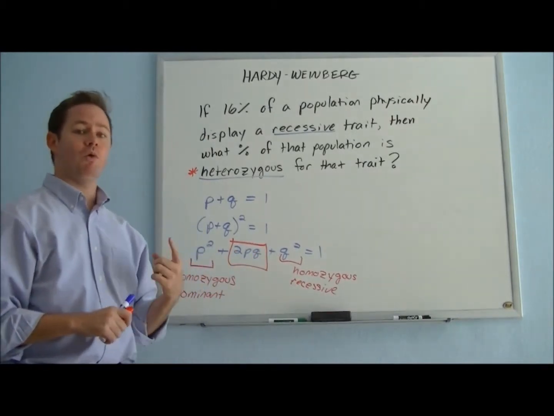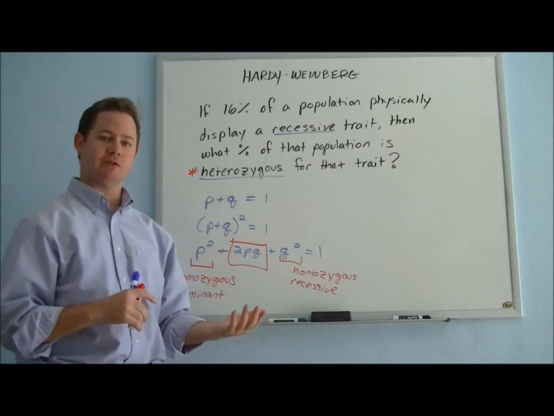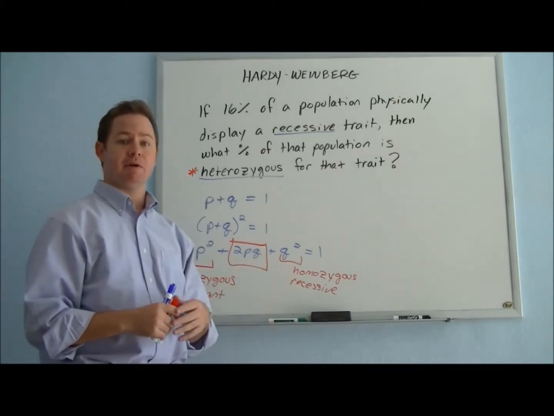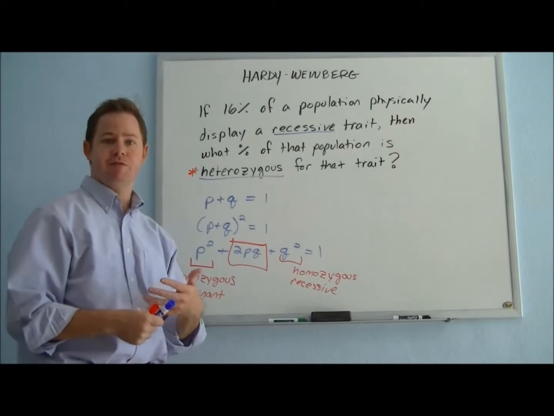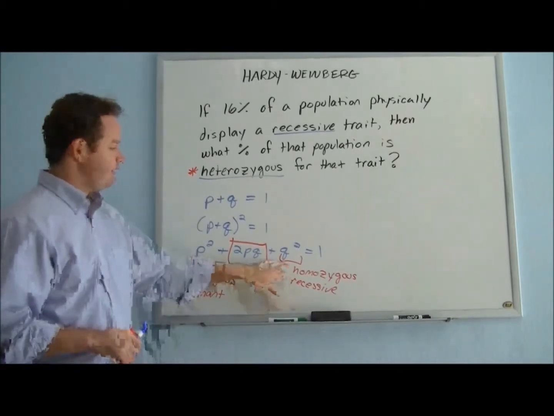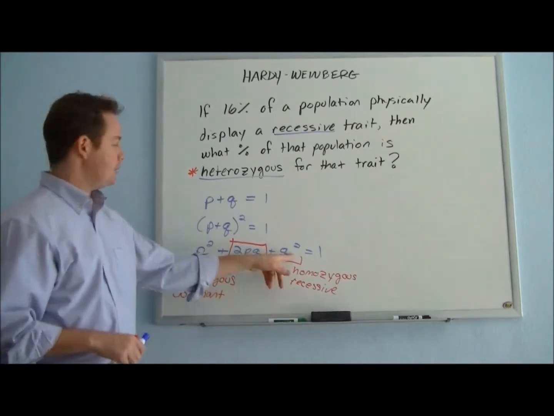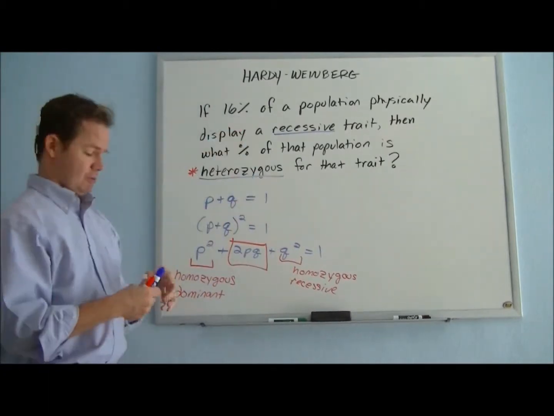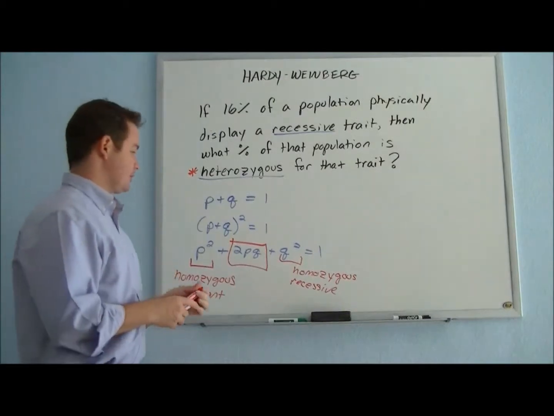Because if you have even 1 dominant allele and 1 recessive allele, you'll display the dominant phenotype, which means the physical manifestation of those alleles. So Q squared in this problem represents 16%.